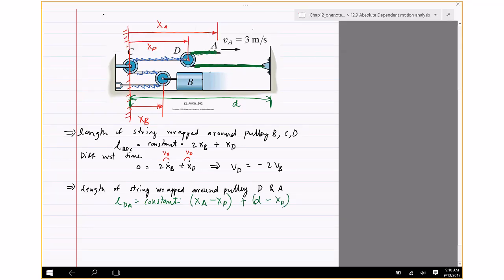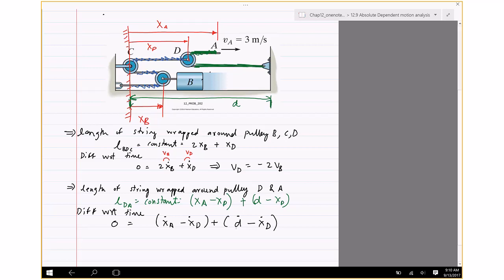So let's differentiate with respect to time. So I get 0 equals xa dot minus xd dot, d dot minus xd dot. What is d dot? It's 0 because the length between the wall and the datum does not change with time.